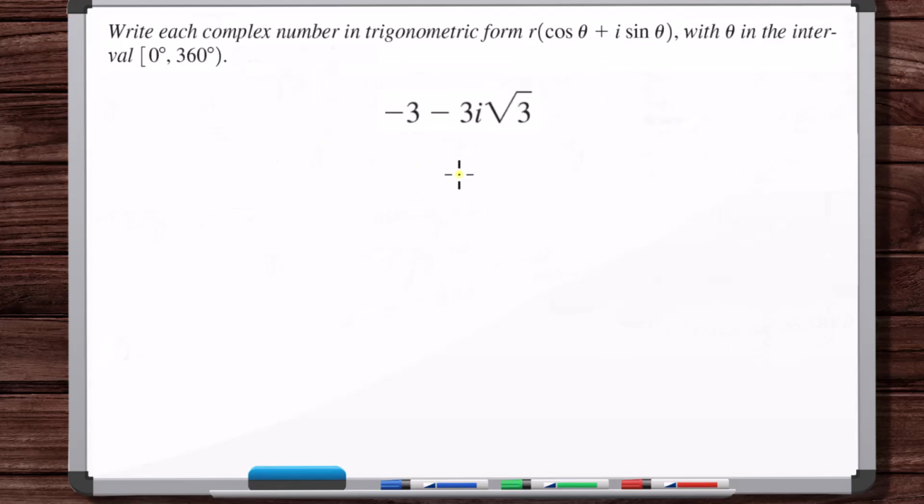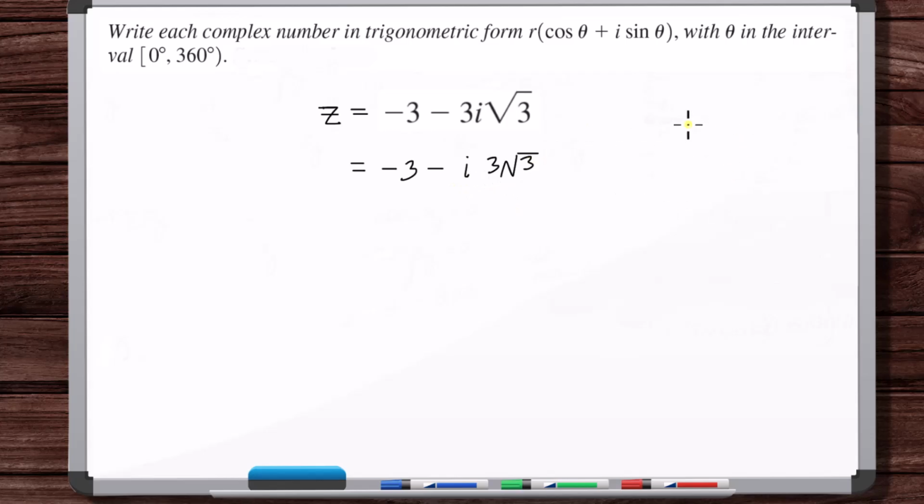Okay, so now here we're given a complex number in rectangular form, and we want to write it in polar form. So this doesn't work out to where we can just simplify it like we do the polar form and go straight into the rectangular form. But it's still not that big of a deal. So, okay, we've got minus 3, and we can write this so we can clearly see the imaginary part.